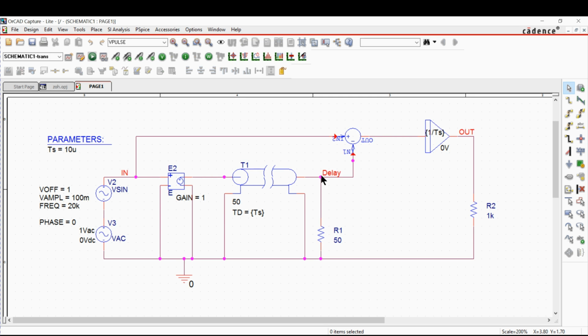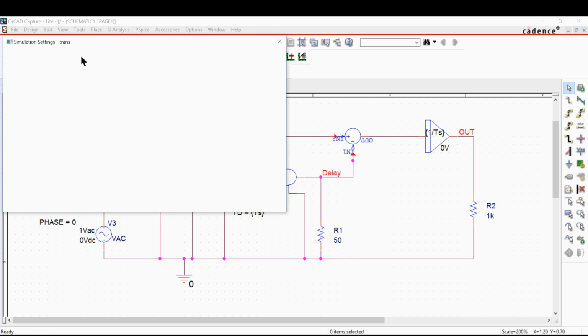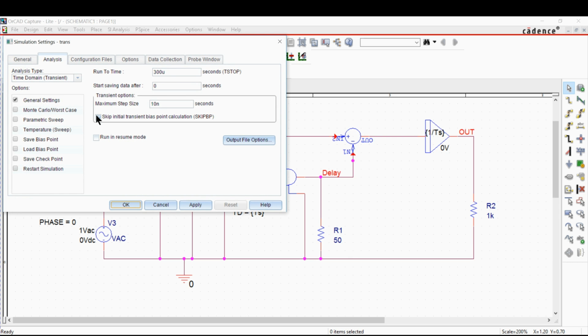Only after this delay are you supposed to have a value here. If you get 1 volt here, then the difference will be 0, and you'll get 0 output, which is incorrect. So it is very important to check this, to skip initial transient bias calculation.